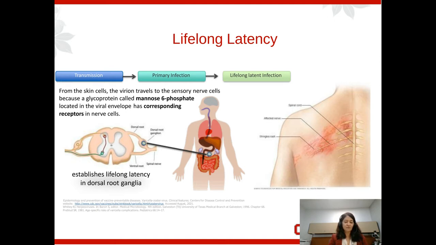Because of the mannose-6-phosphate glycoprotein located in the viral envelope, there is a corresponding receptor in nerve cells. So now the virus makes its way into these ganglion nerve cells, and has a propensity to stay latent there for a very long time in the dorsal root ganglion.